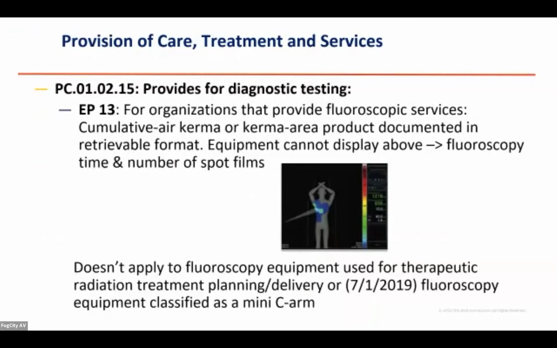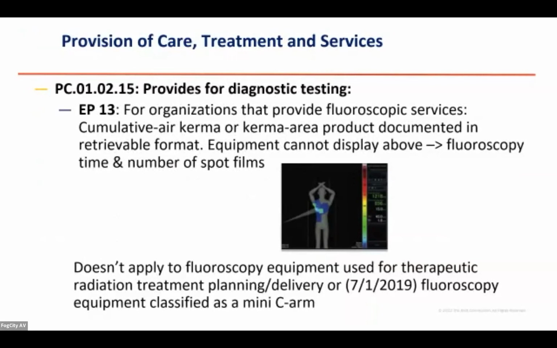So we did have, as I pointed out in 2019, some fluoroscopy EPs. And so we have EP13, which is very much like the CT EP, looking at a standardized value to approximate patient exposure.